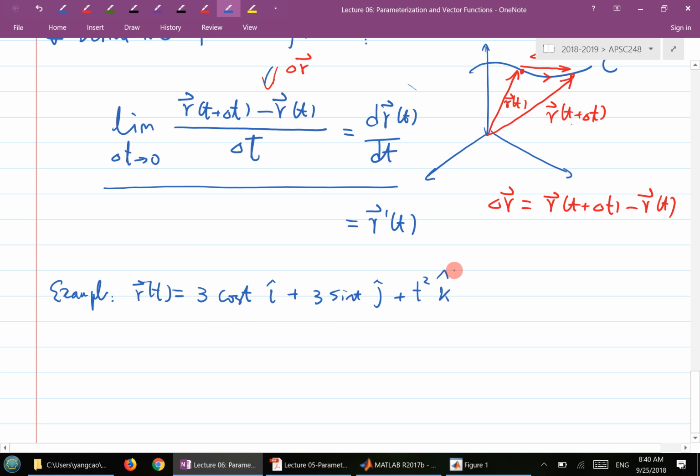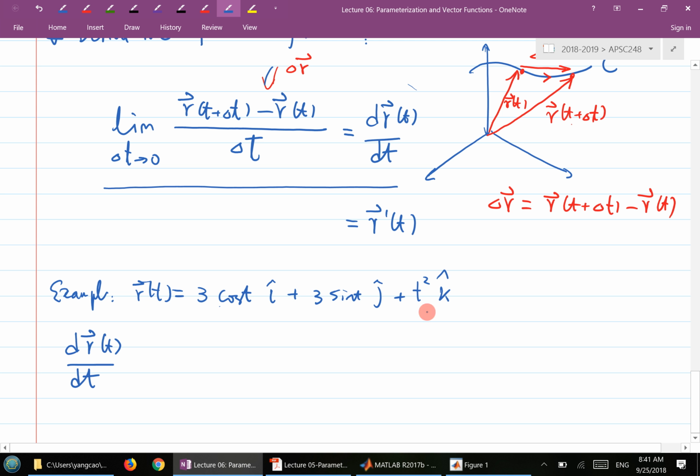Okay, so here is an example of a vector function, and I want to calculate what dr over dt is. Before we do the calculation, let's look at this given parametric equation of the vector function: 3 cosine t, 3 sine t, and then t squared.